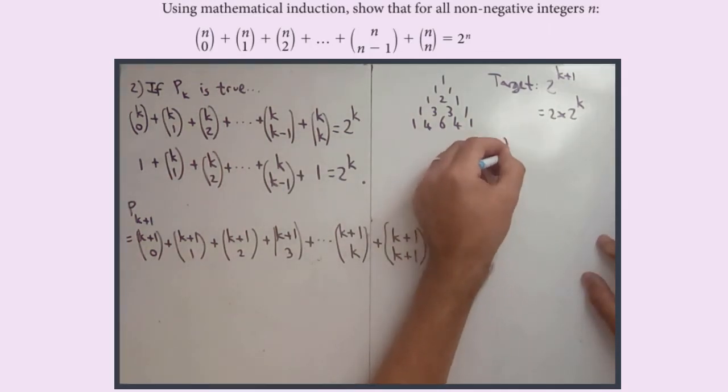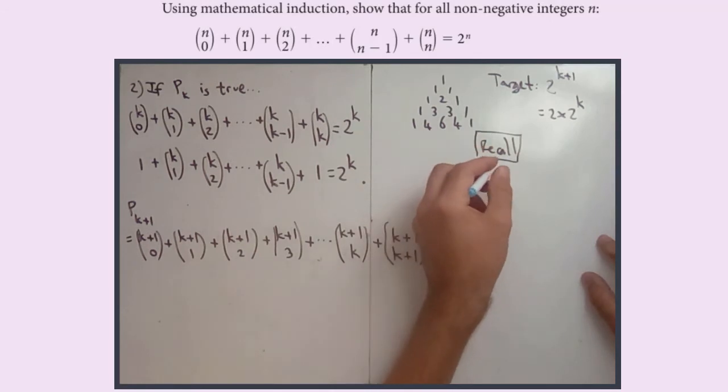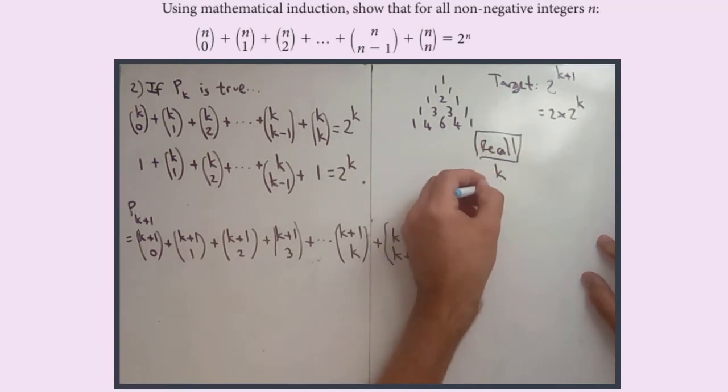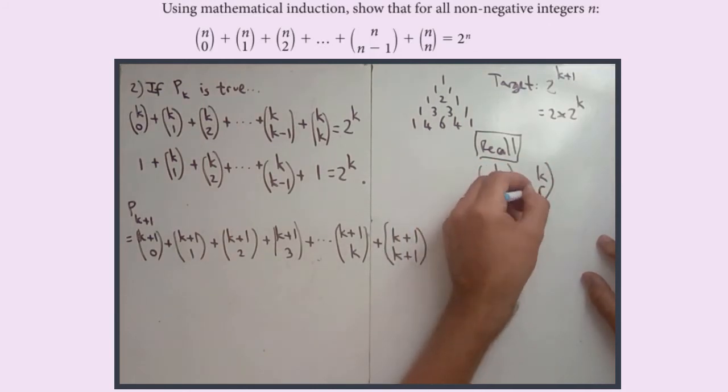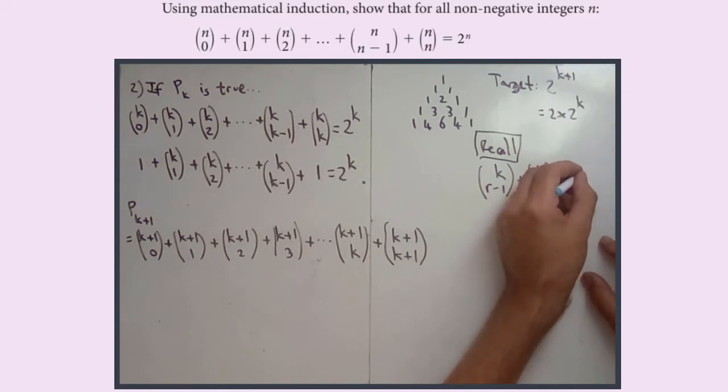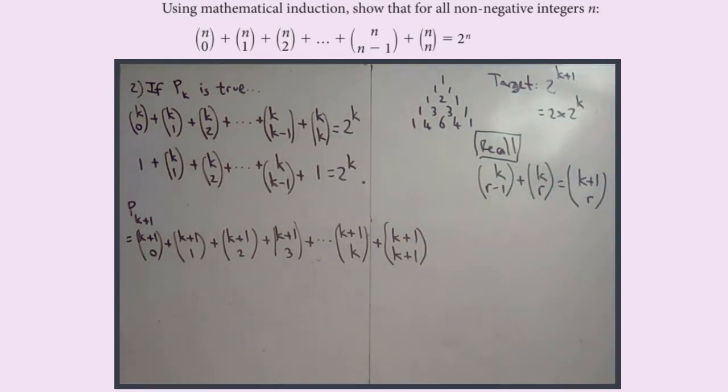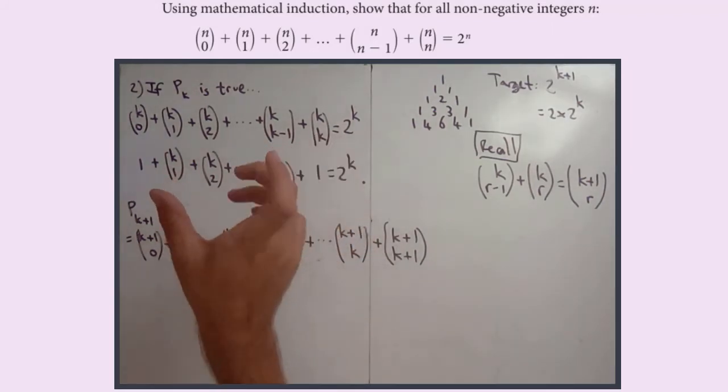Recall from the stuff with Pascal's triangle that kC(r-1) plus kCr is equivalent to (k+1)Cr. So I want to get rid of all these k plus 1s, or nearly all of them, and turn them into just k's at the top, because that's what we're going to look for.